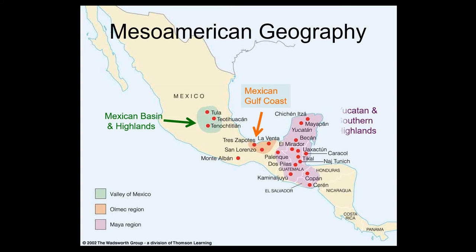And then we have the Yucatan. And the Yucatan and the southern highlands is the Mayan sphere. So in the south, towards what is modern-day Guatemala, El Salvador, Honduras, these are going to be kind of hilly territory, not terribly mountainous, but hilly territory, and all of this is going to be rainforest.